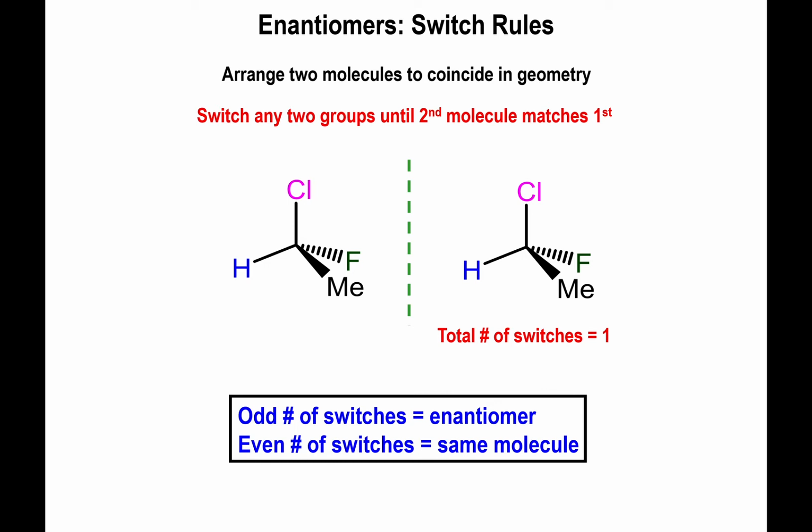So you can rotate the second molecule so that it lines up in geometry with the first one, and then you start doing your switches to see if you have the same molecule or not. So this is one of the techniques of finding out enantiomers, right? So odd number of switches, enantiomer; even number of switches, same molecule. And the switches always have to happen between two groups.